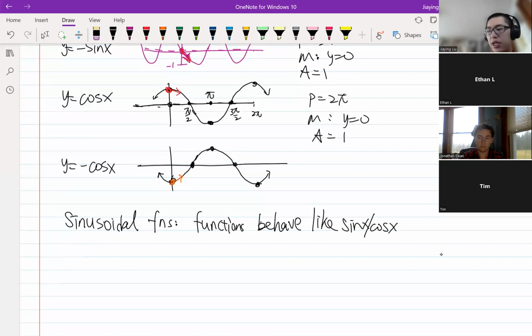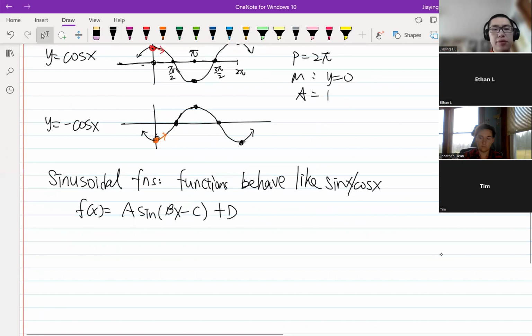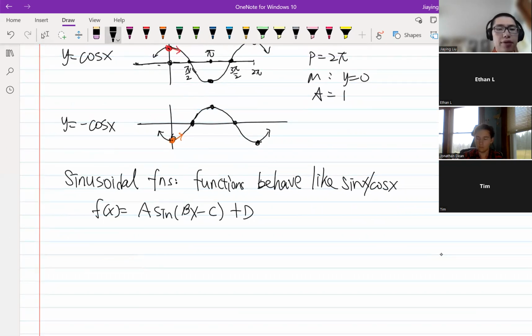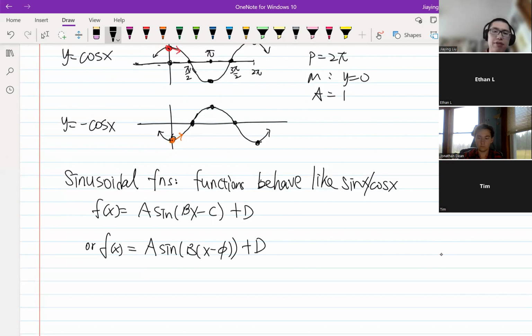The general formula is f of x equals A sine, could be cosine, A sine (Bx minus C) plus D. Another version of this is f of x equals A sine B parentheses, so inside the sine we have B as a factor, x minus phi, plus D. If we take the first one and factor out a B from the middle part, we get B times x minus C over B. So as you can see, phi is just C over B. That's what phi is.